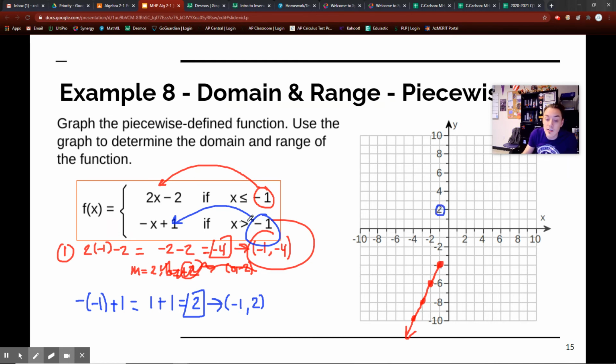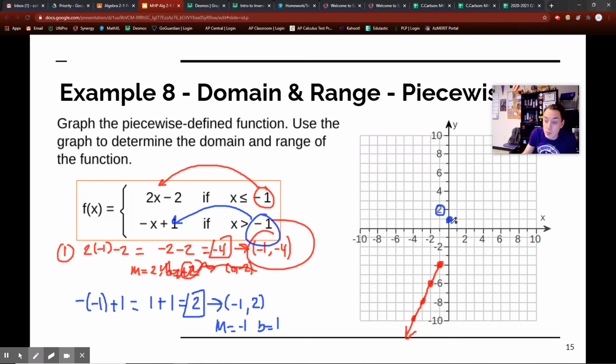Now this is also greater than negative 1. So what's my slope here? My slope is negative 1. What's my b value? My b value is 1. So I'm going to go down because that's my slope. So down 1 over 1. Now notice how this piece does include your b value.